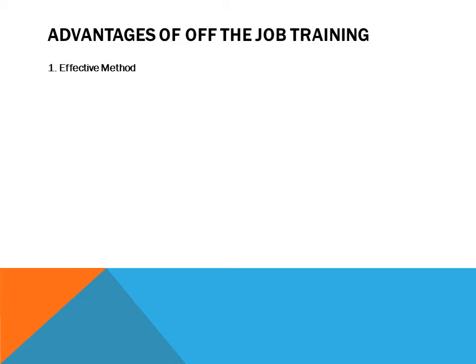He can learn enough things to do a particular job, and that is how we can say that it is an effective method. It makes effectiveness among the trainees, or the participants, or maybe the employees. Okay, and talking about the next advantage, that is high productivity.